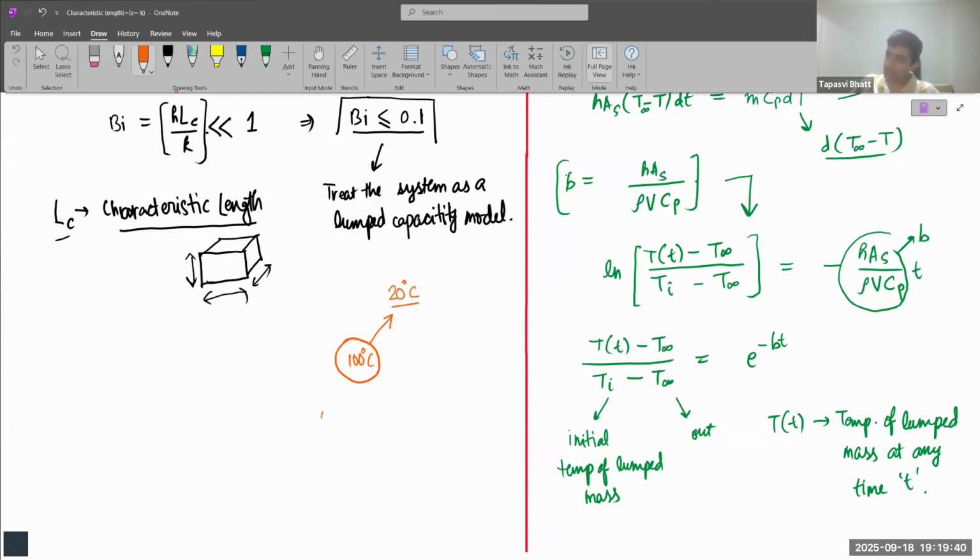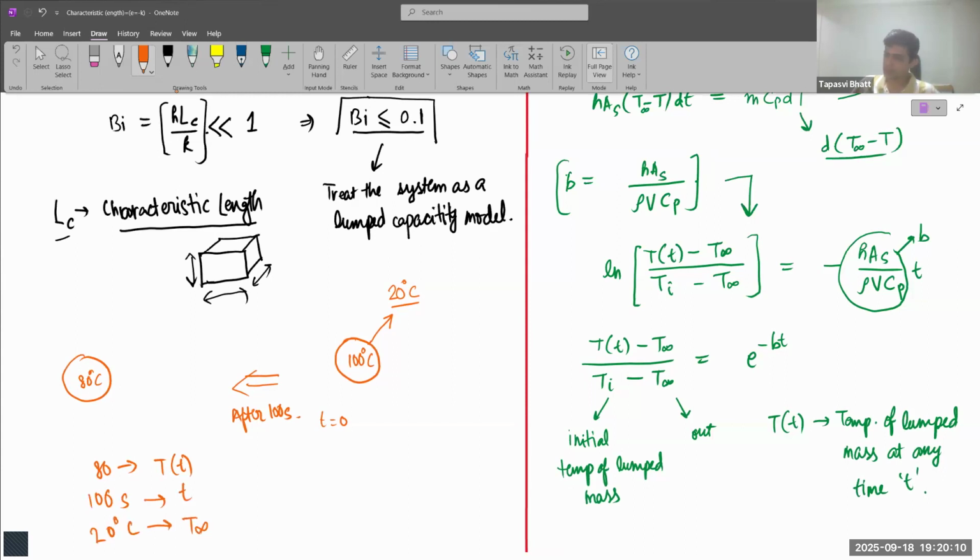At t equals 0, this is the case, right? But what is going to happen after 100 seconds? The ball is going to come to a temperature of, let's say, 80 degrees Celsius. So 80 here is T as a function of t. 100 seconds is t, right? And what is T infinity? It is 20 degrees Celsius.